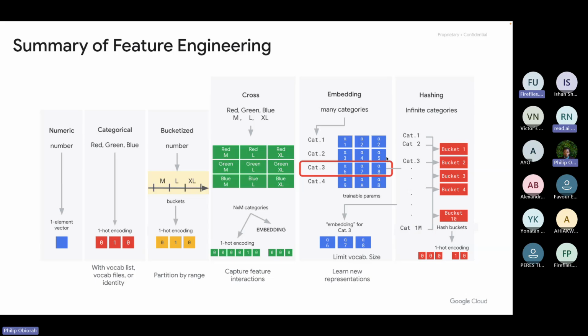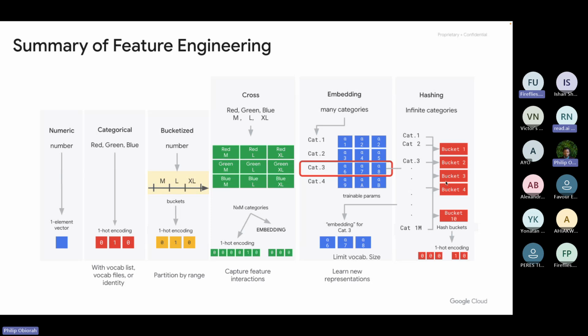So instead of having a 1,000, maybe 10,000 wide vector of zeros, we might now have a 64 wide vector of floating point numbers. During training, the model learns trainable parameters that place similar categories closer together in mathematical space. So that's embedding. And then you have hashing.